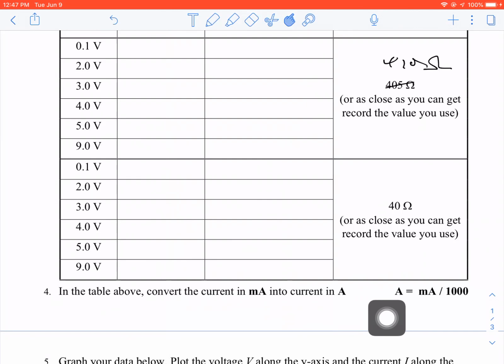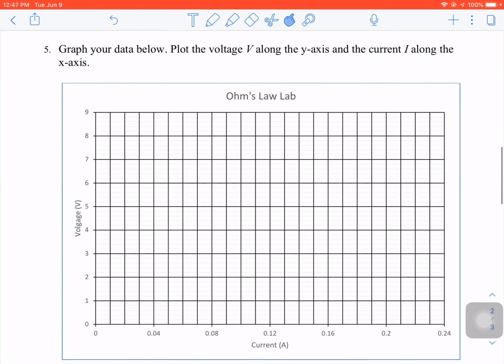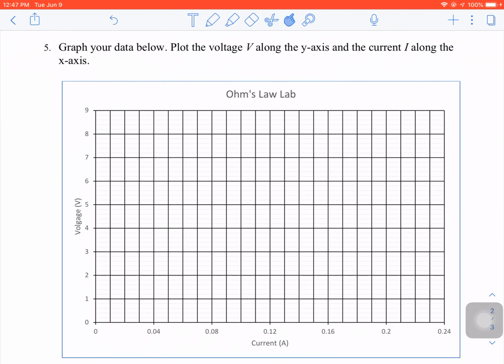Okay, once you're done, you're going to fill in the graph on this side. So you're going to have 3 graphs on here, right? One of them is going to be when you plot your points. So I just did 9 volts, and I had a current. For my first one, at 800 ohms, I had 9 volts and 0.0113.